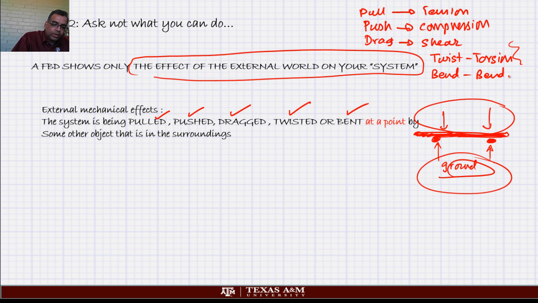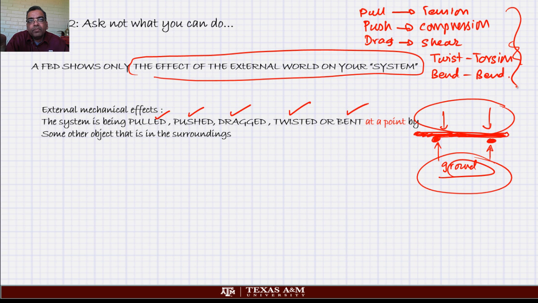So that's the one thing that's the same, but notice the other ones. Tension means something is pulling on the object. Compression means something is pushing on the object. Drag, shear means something is dragging the object. Twist, torsion means something is twisting the object, and bend is something is bending the object.